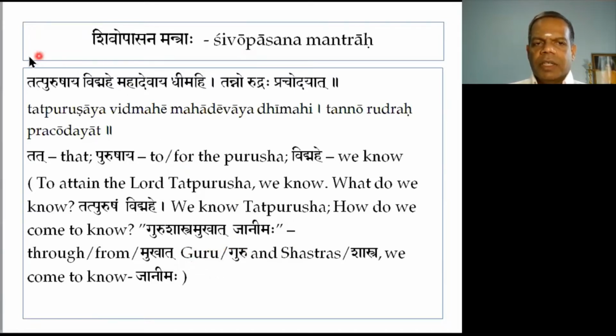So that's what it means in every Gayatri: Tatpurushaya Vidmahe means having come to know. We need to get to know Tatpurusha. How do we get to know? The only way is through a Guru and Shastras. So he explains it.